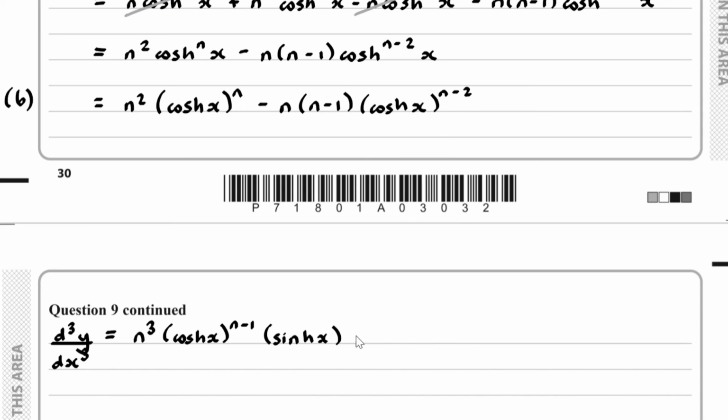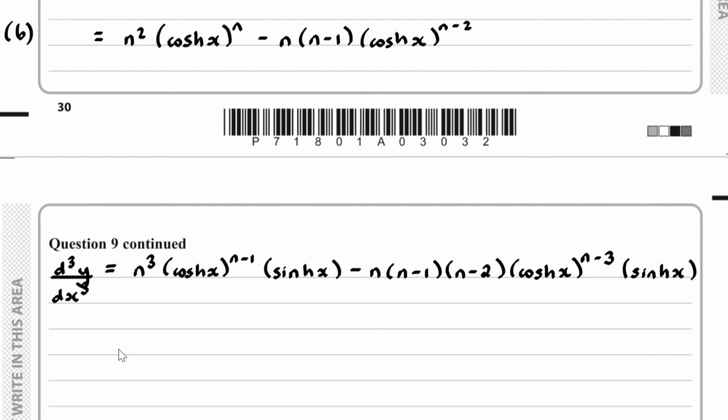And then here, I first of all times by the power, so I've got n times n minus 1 times n minus 2 times cosh x to the n minus 3, so I subtract 1 from the power, and then it times by the differential of the bracket, which is sin x.